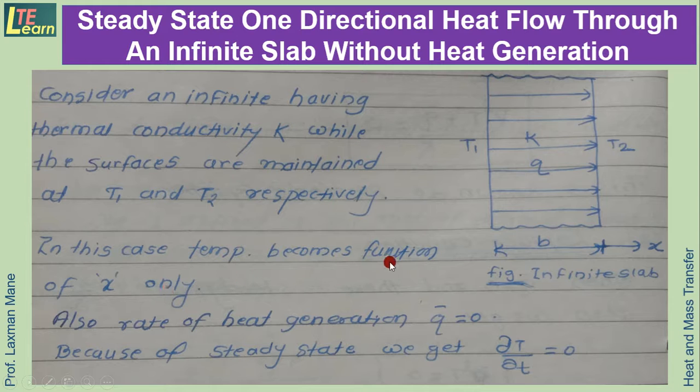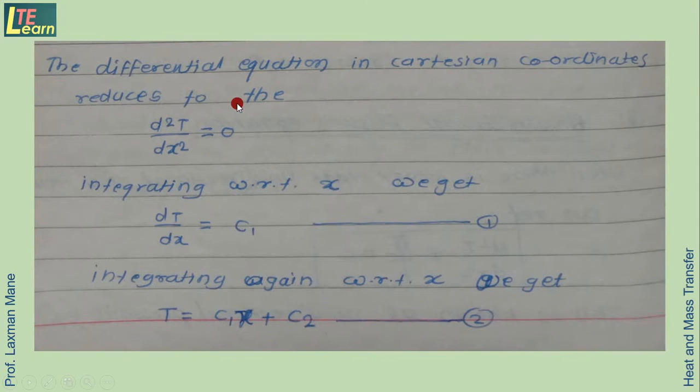In this case, temperature is a function of x direction only, and rate of heat generation is 0. As it is steady state, there is no change in temperature with respect to time, so del T by del t is equal to 0. So the differential equation in Cartesian coordinates reduces to the Laplace form: d square T by d x square is equal to 0.